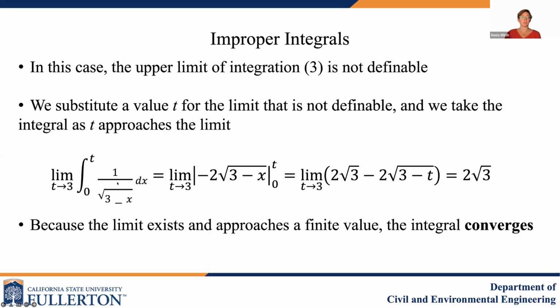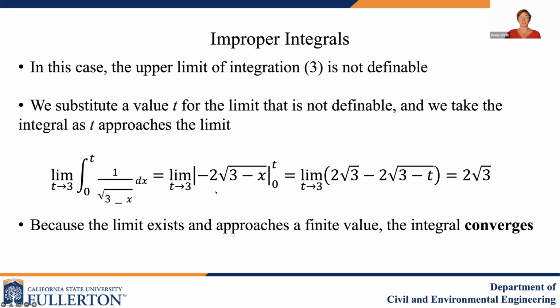Since we know that 3 is going to be our problem limit, we put a t in here for 3, and we take the limit as t approaches 3 of whatever this integral is. We take the integral first, so the integral of this is actually -2 square root of 3 minus x, and we evaluate that from the limits 0 to t, and take that limit as t approaches 3.